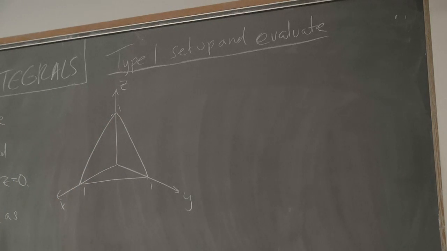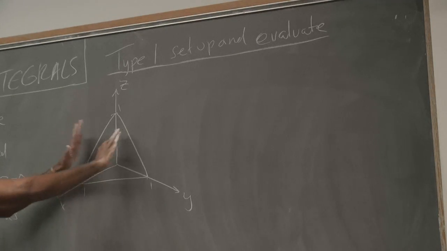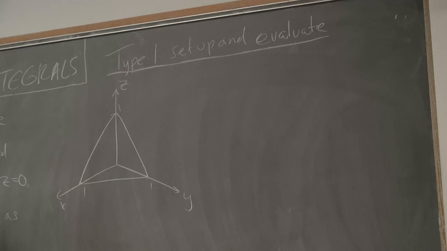Things like that, right? Well, they're all equal. 1, 1, and 1 is where it intersects, and this is the tetrahedron, right? The YZ plane is one side, XZ plane is one side, XY plane is one side, and then this plane forms the fourth side. And type 1 means our region of projection is in the XY plane.